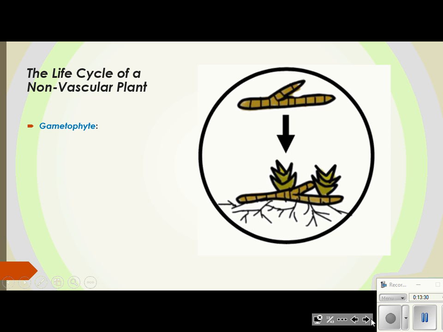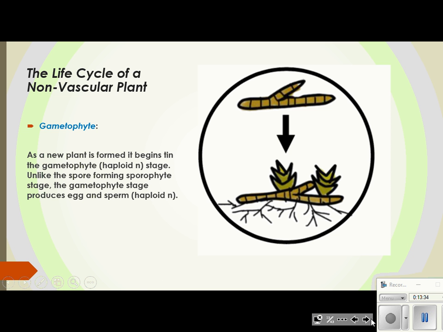The gametophyte, a new plant is formed. As a new plant is formed, it begins in the gametophyte haploid stage. That shouldn't be 10 right there. I think that should be in. It begins in the gametophyte stage.